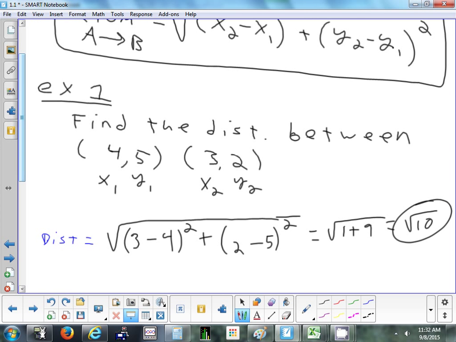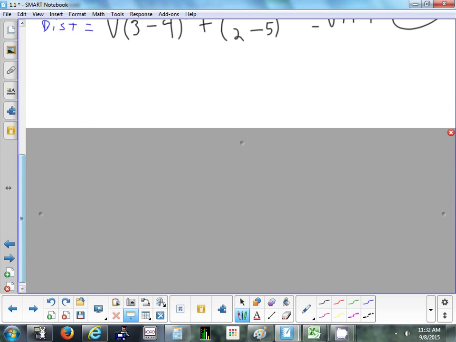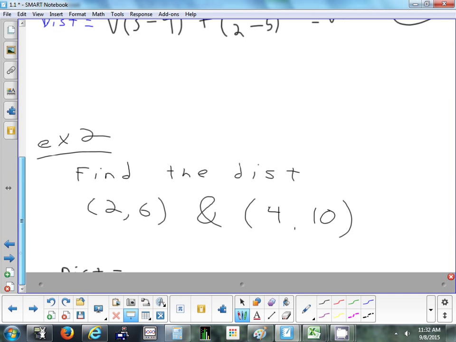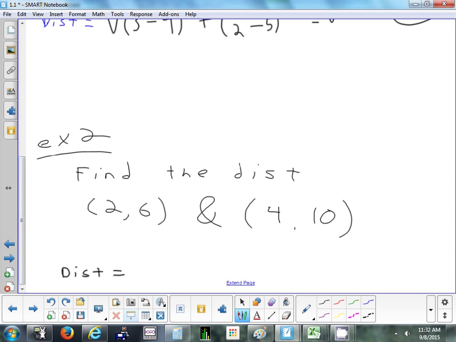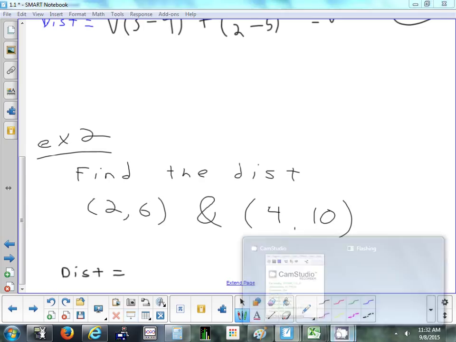All right, let's look at this one. Take a second, see if you can do that one on your own. Find the distance between the points (2, 6) and (4, 10). If you get stuck, let me know and I'll come around and help you out.